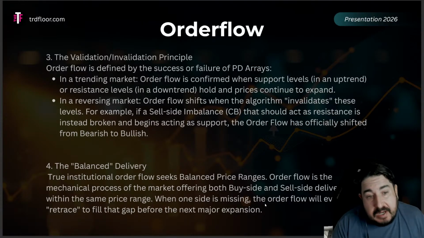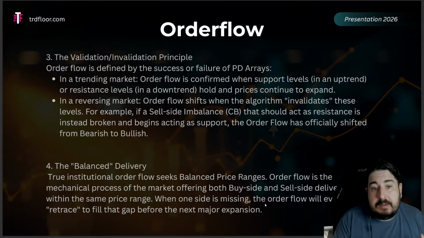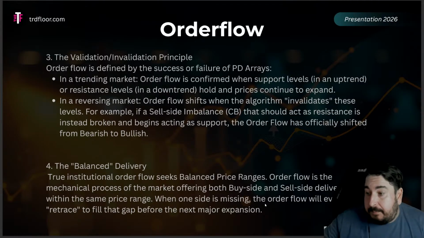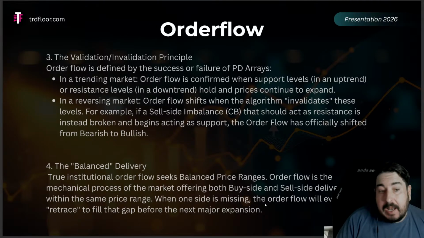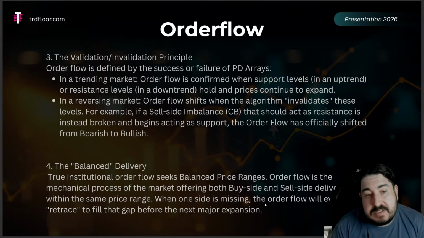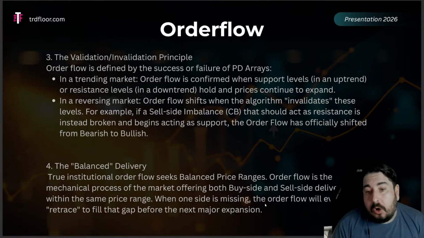Of course, the validation and the invalidation principle. Order flow is defined by the success or failure of PD arrays. In a trending market, order flow is confirmed when support levels in an uptrend or resistance levels in a downtrend hold and price continues to expand.